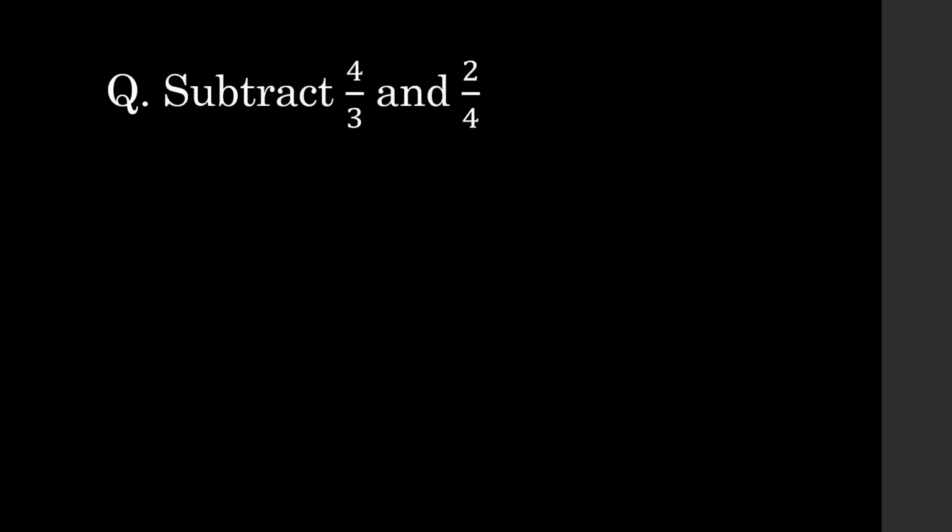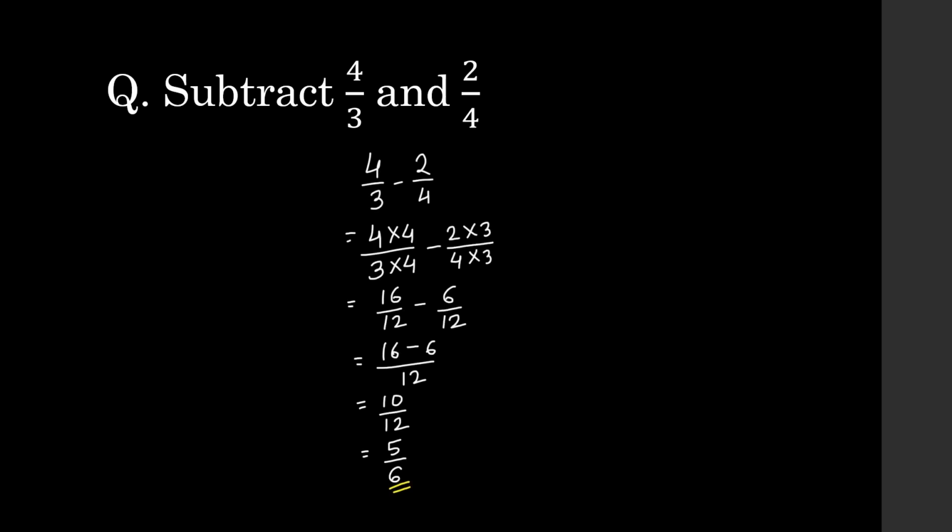Another example, of subtraction. We have to subtract 2 upon 4 from 4 upon 3. So 4 upon 3 minus 2 upon 4. Here the denominators are not the same. The first fraction's denominator is 3 and the second is 4. So we multiply the first fraction by 4 and the second by 3 in order to make the denominators equal.